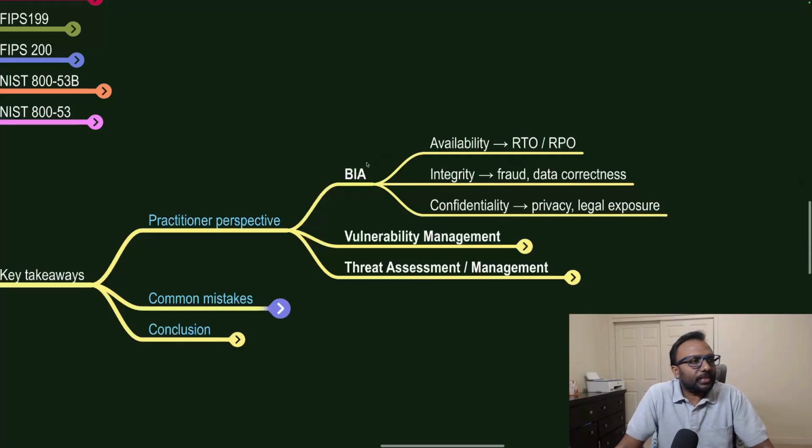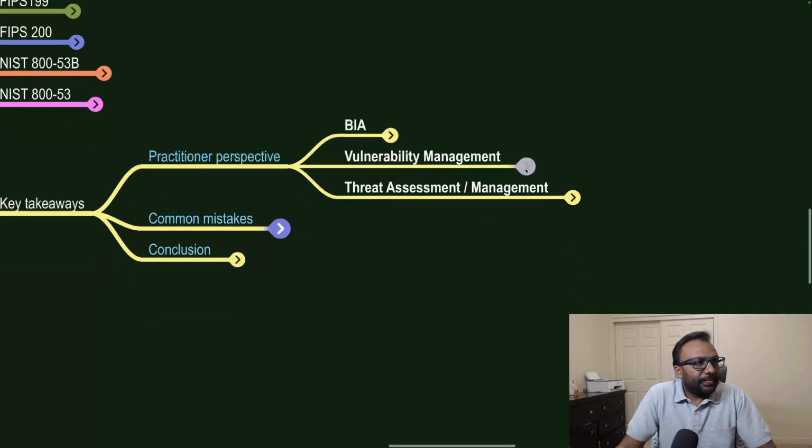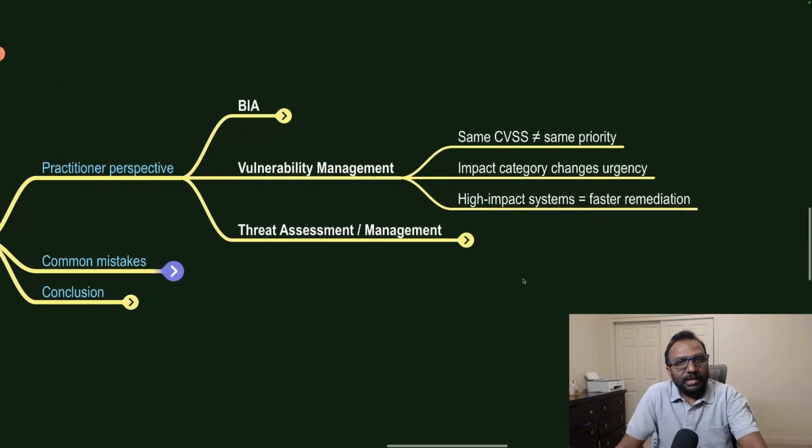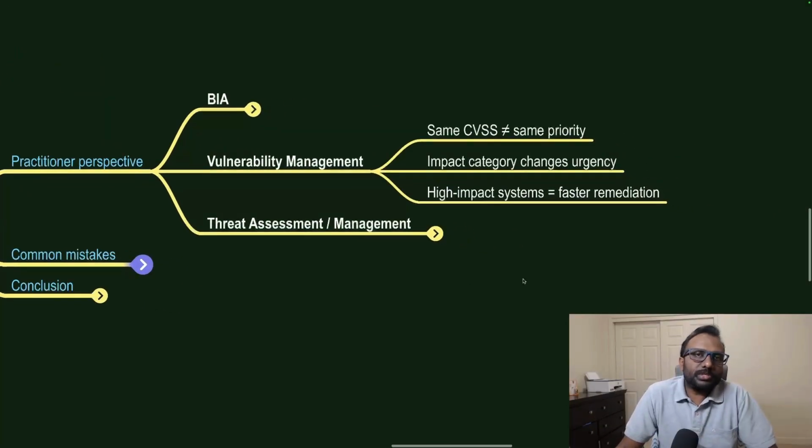Now we come to vulnerability management, one of the major areas where, even though there are a lot of tools, technologies and skill sets, organizations still struggle, because getting a patch or update applied to a system may take months to get approval for downtime of a system or a critical server.